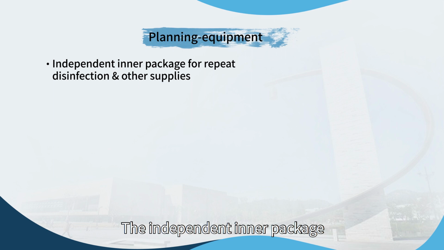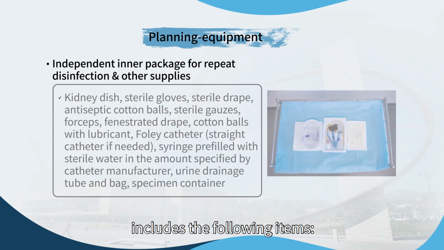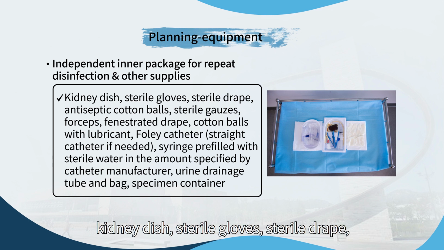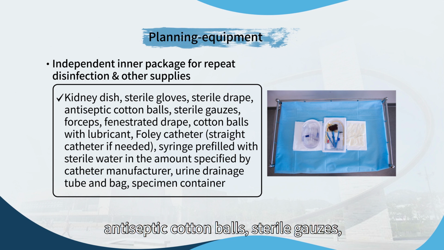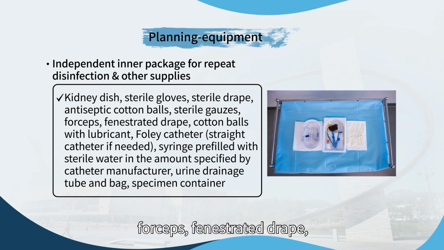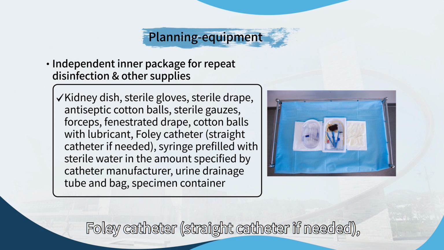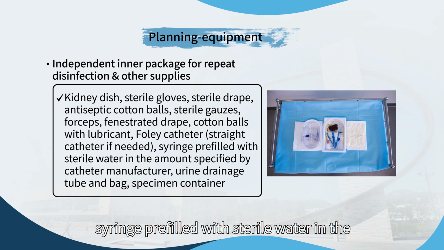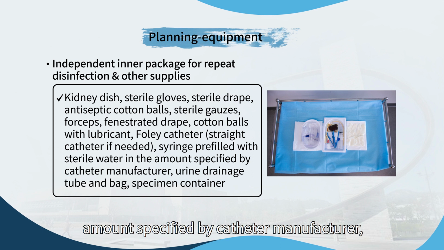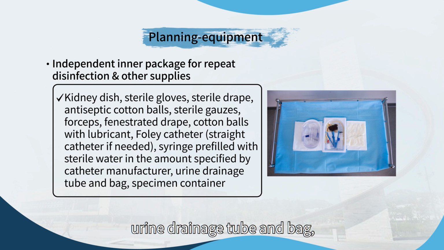The independent inner package includes the following items: kidney dish, sterile gloves, sterile drape, antiseptic cotton balls, sterile gauzes, forceps, fenestrated drape, cotton balls with lubricant, Foley catheter, Jade catheter if needed. Syringe pre-filled with sterile water in the amount specified by catheter manufacturer. Urine drainage tube and bag, specimen container.